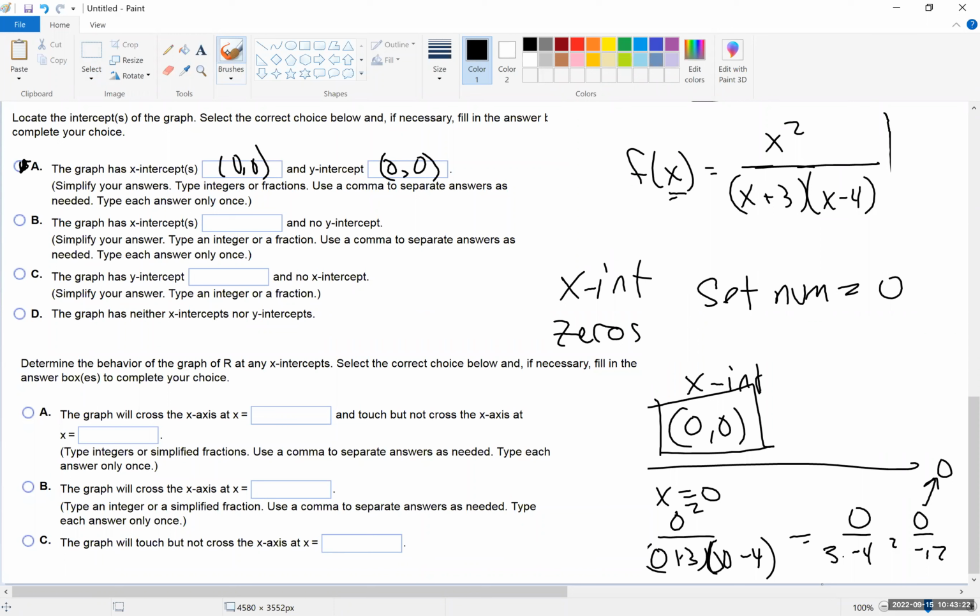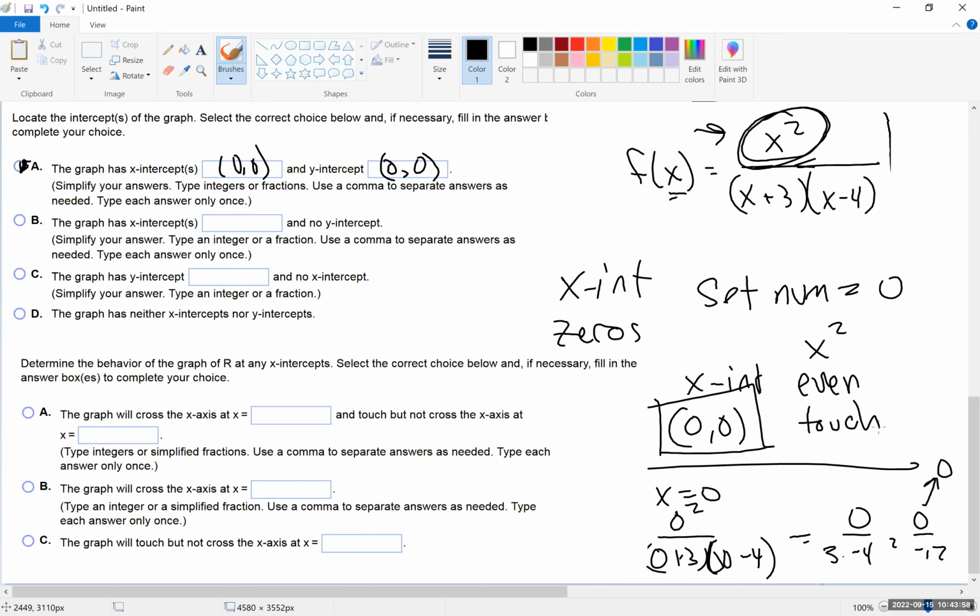Okay. So determine the behavior of the graph at the x-intercepts. We know from our polynomial section that at 0, 0 it's x squared. X squared has an even power, which means that it will touch the graph and bounce off.